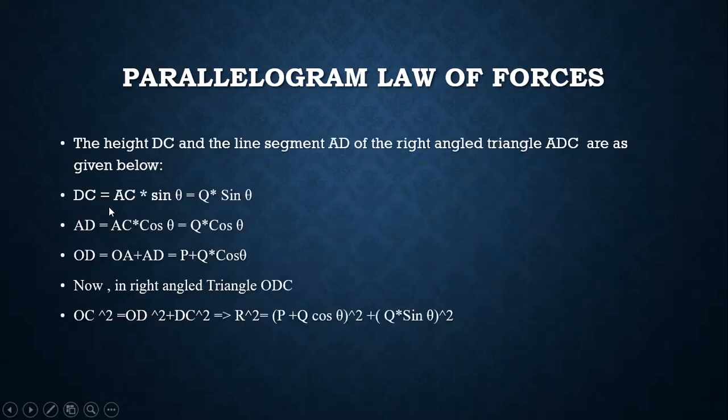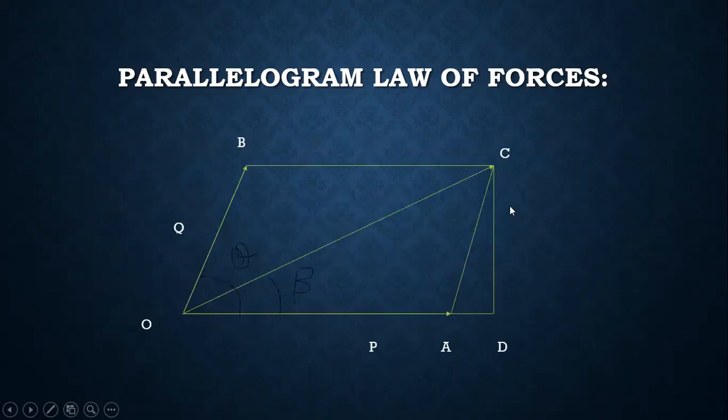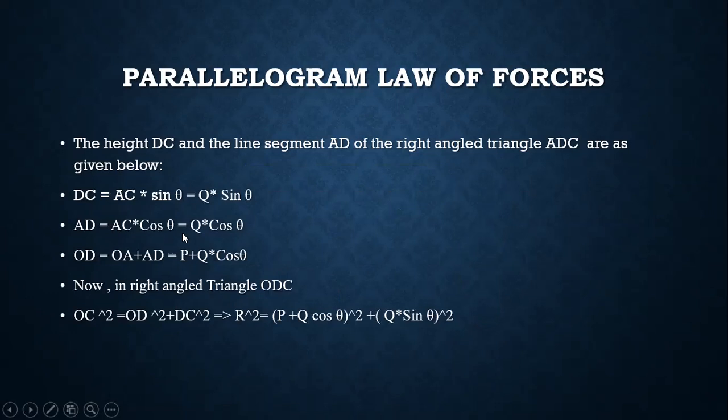Take DC equal to AC into sine theta. Similarly, AD is equal to AC into cos theta. In place of AC, you put the force Q. We know that P and Q are the two forces acting on the adjacent sides of the parallelogram.